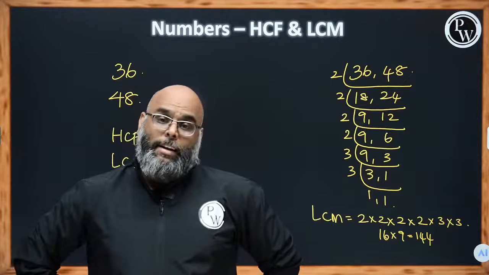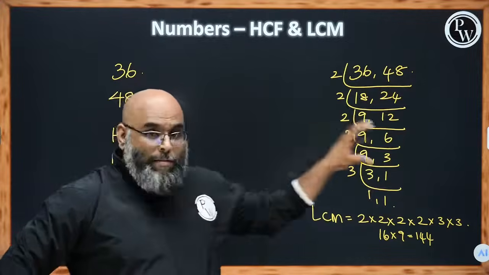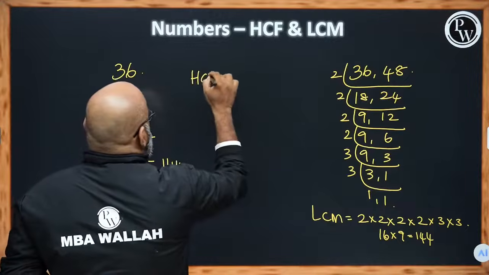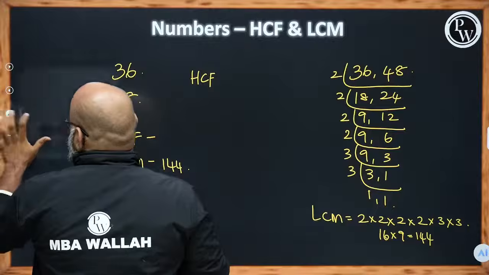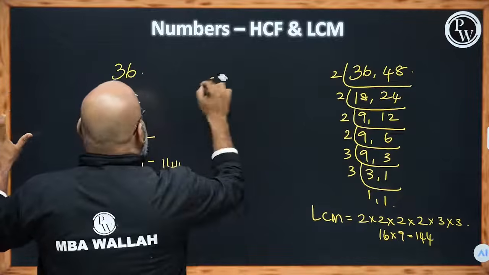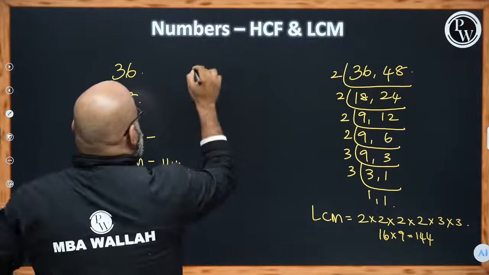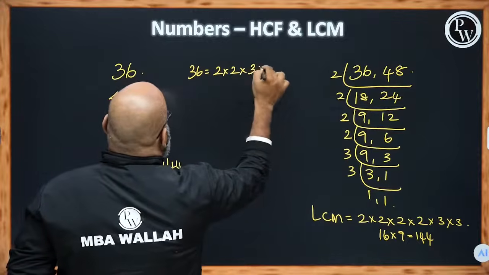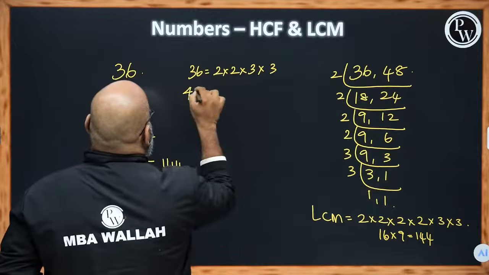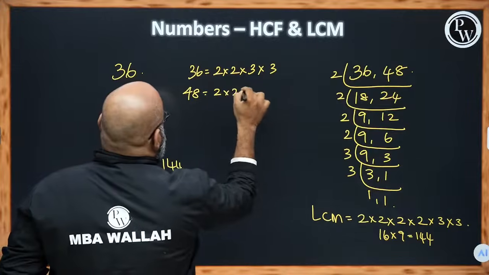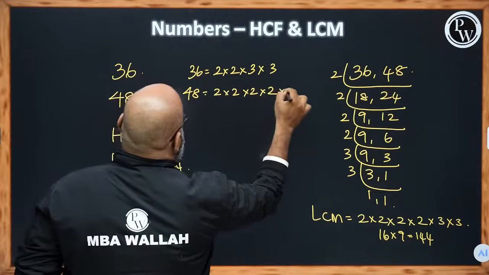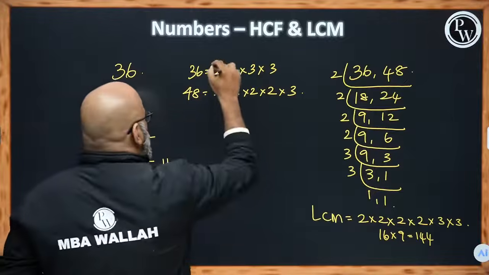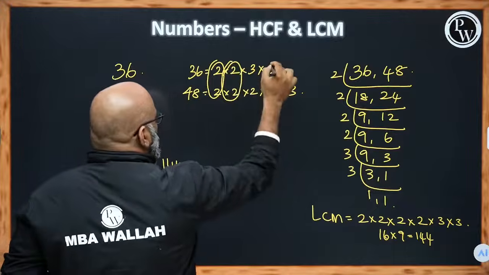How about the HCF? You write the prime factorization of both numbers. For 36, you can write it as 2 into 2 into 3 into 3. For 48, you can write 2 into 2 into 2 into 2 into 3. However many numbers are common, you take them alone.